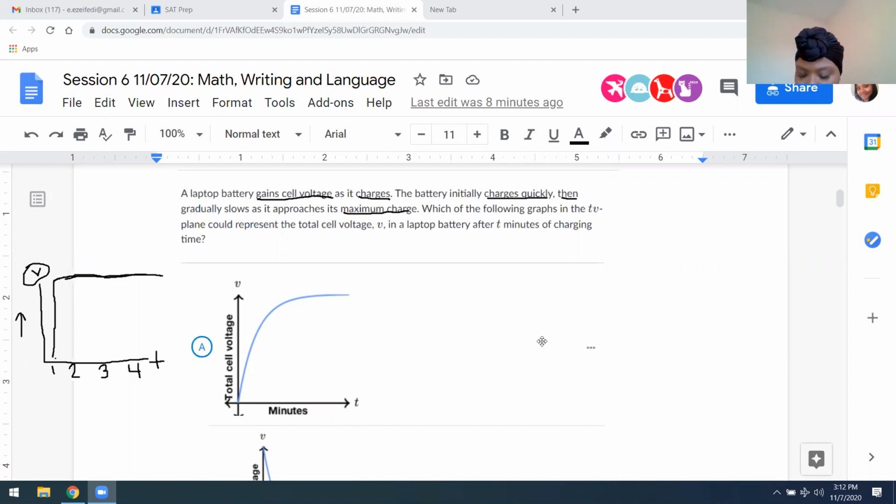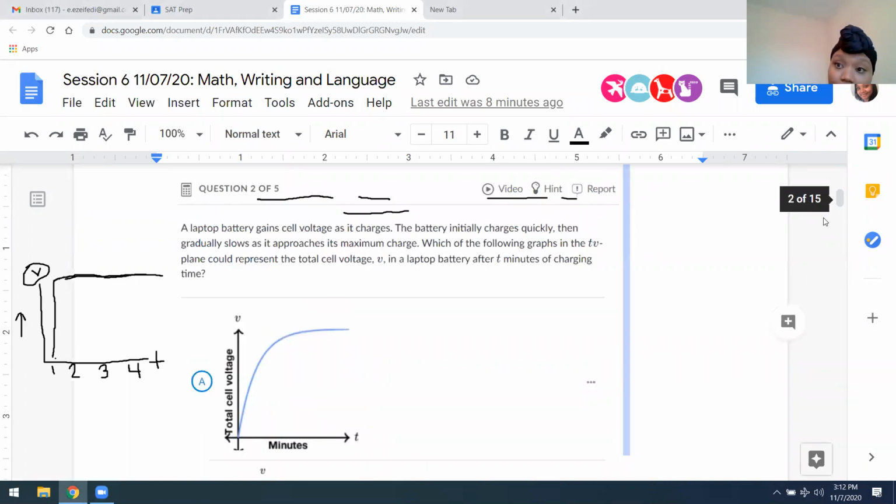I have A. Does anyone disagree with A, or do they want to co-sign on A? What are you guys thinking? Yeah, the answer choice is A.